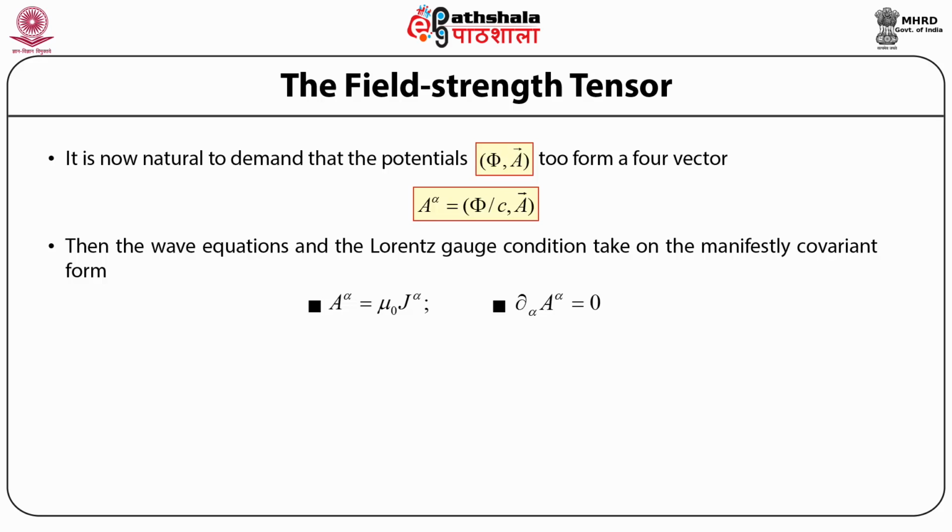And these are the covariant form of the Lorentz gauge condition and the wave equations in the Lorentz gauge. Now let us come on to the field strength tensor.